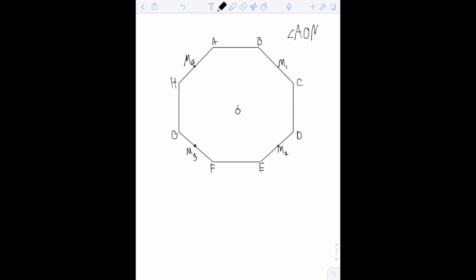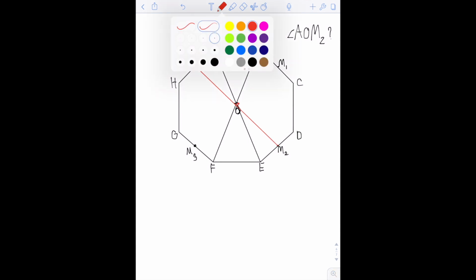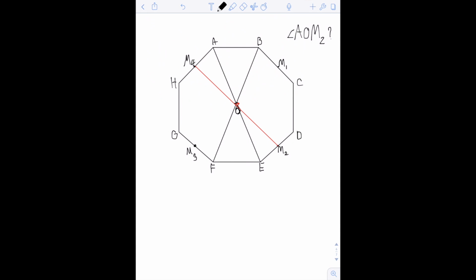So we can draw the diagonals through O, AE and BF, and draw the segment M4M2, which also passes through O. And then we can also draw the rest of the diagonals, HD and CG.